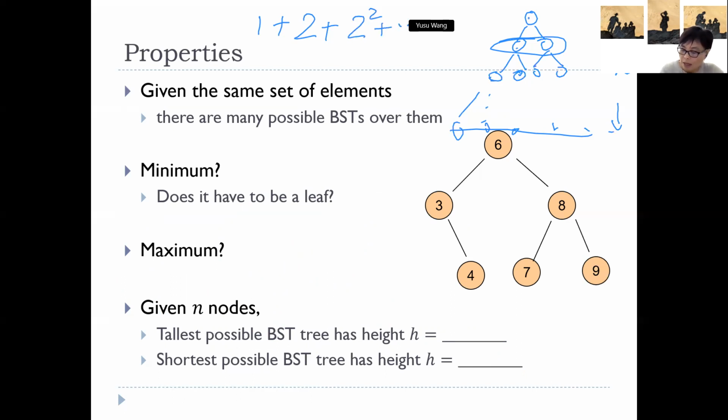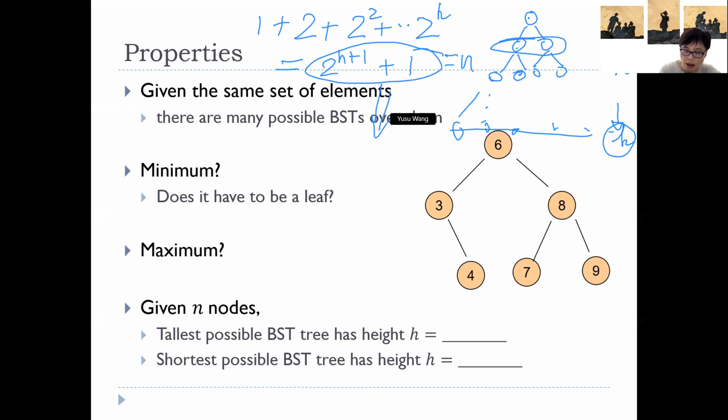So in the hth level, in the last level, I have 2 to the h nodes. Altogether, this is this number of nodes. If I want this to be n, then when you solve this, you have that h equals log n base 2 minus 1. This is without the ceiling. So this is just a big theta of log n.